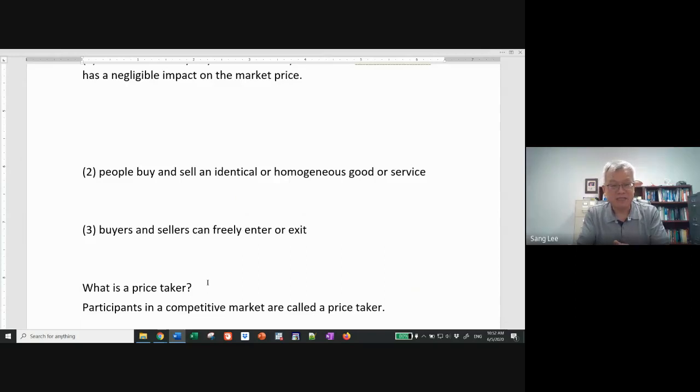What it means is, as long as the people think they are almost identical, equally replaceable, or homogeneous, then we say they are identical or homogeneous goods or services. So that's the second condition that needs to be met for a market to be perfectly competitive.